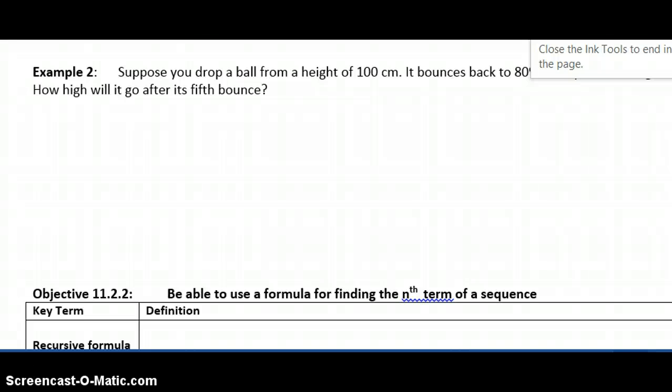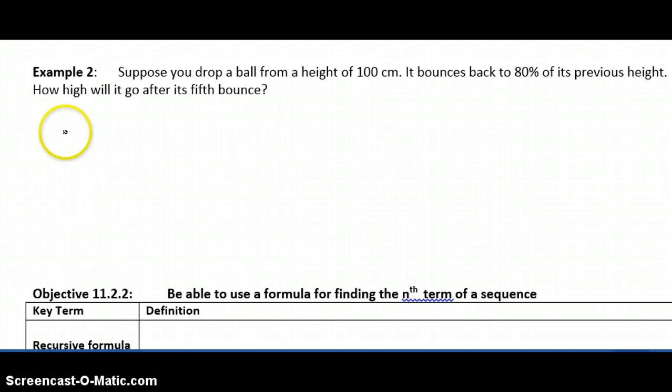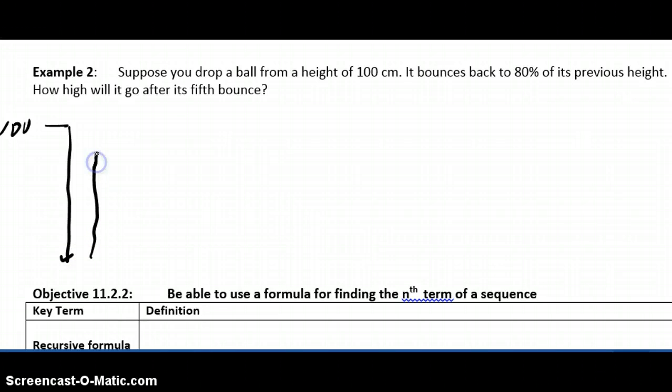Looking at example 2, we have a problem that says suppose you drop a ball from a height of 100 centimeters. It bounces back to 80% of its previous height. How high will it bounce after the 5th bounce? So we have a situation that looks something like this. We'll say that's 100 centimeters, and we're going to drop a ball and it goes down and then bounces back up to 80% of its original height.